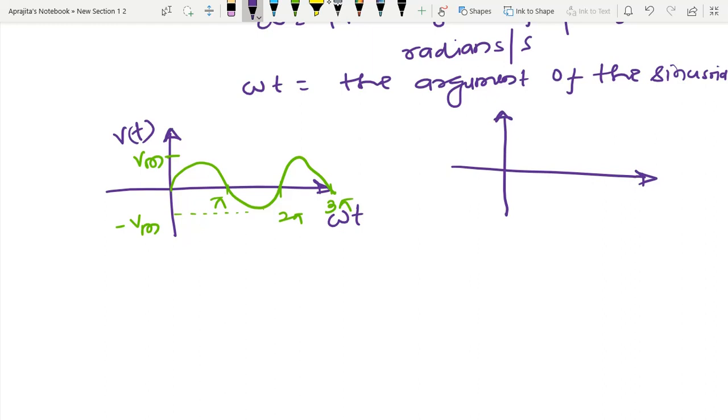Here the vertical axis is again V(t), but the horizontal axis is now time.